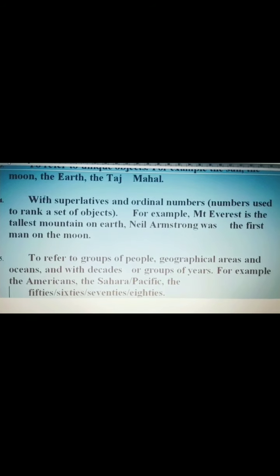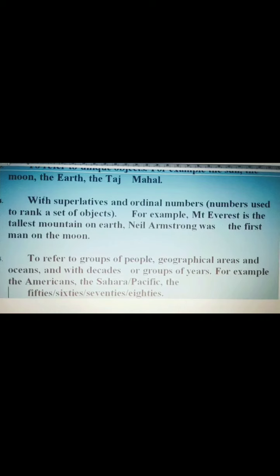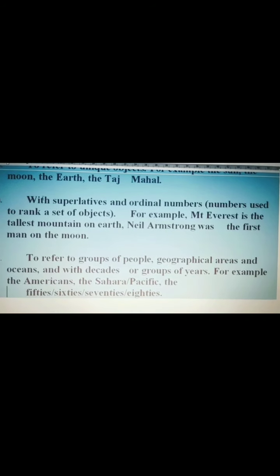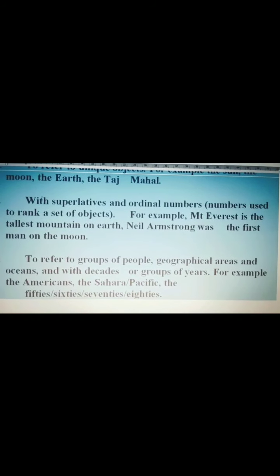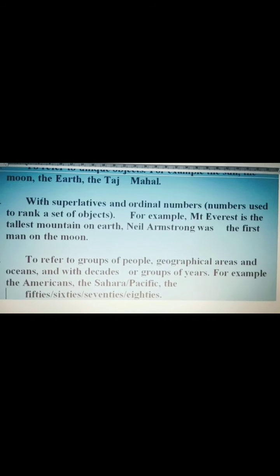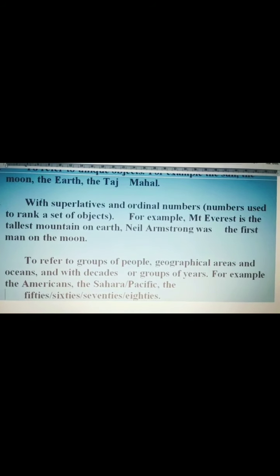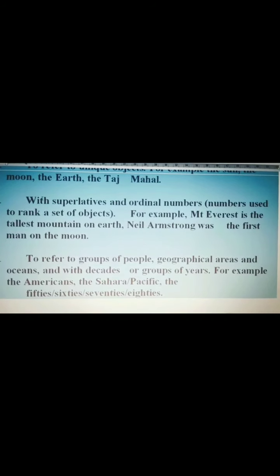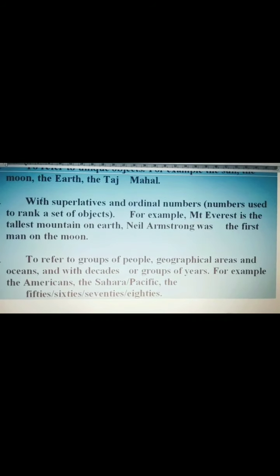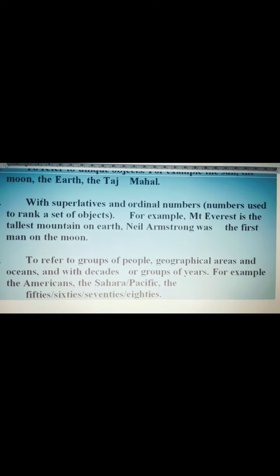Then next we'll see the use of the with superlatives or ordinal numbers. Ordinal numbers, I hope all of you are aware, are what we use to rank a set of objects like first, second, third, fourth. So these are the ordinal ones. So with that also we are going to use the. The example you can see, Mount Everest is the tallest mountain on the earth.